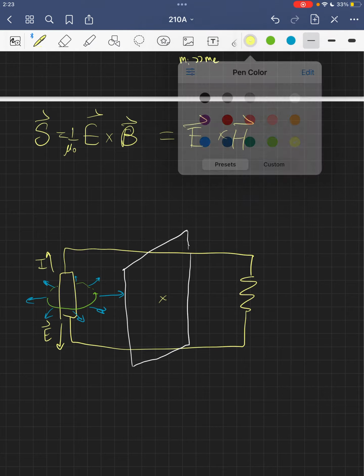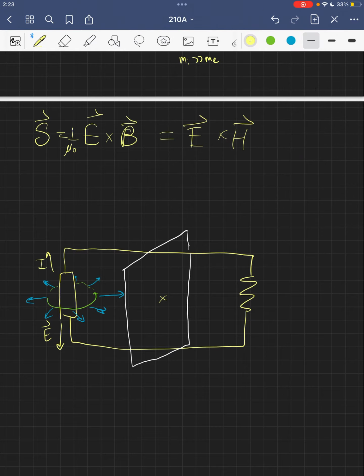So your electric field would be flowing into the page there, right? So this is like a slice of that. And then your field lines would kind of curve a little. So your field lines would curve around like this and like this, right? Because that's just what they'll do.